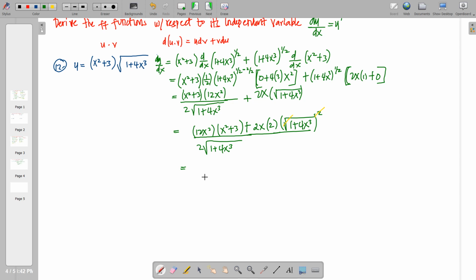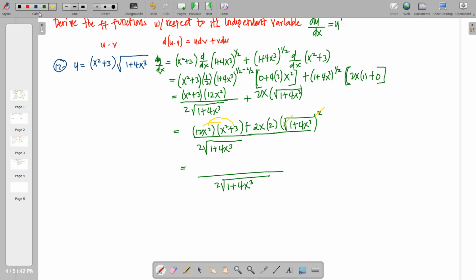So we simplify the numerator. We'll maintain the denominator, which is 2 square root of 1 plus 4x cubed. So we have, I think we need to distribute this now.